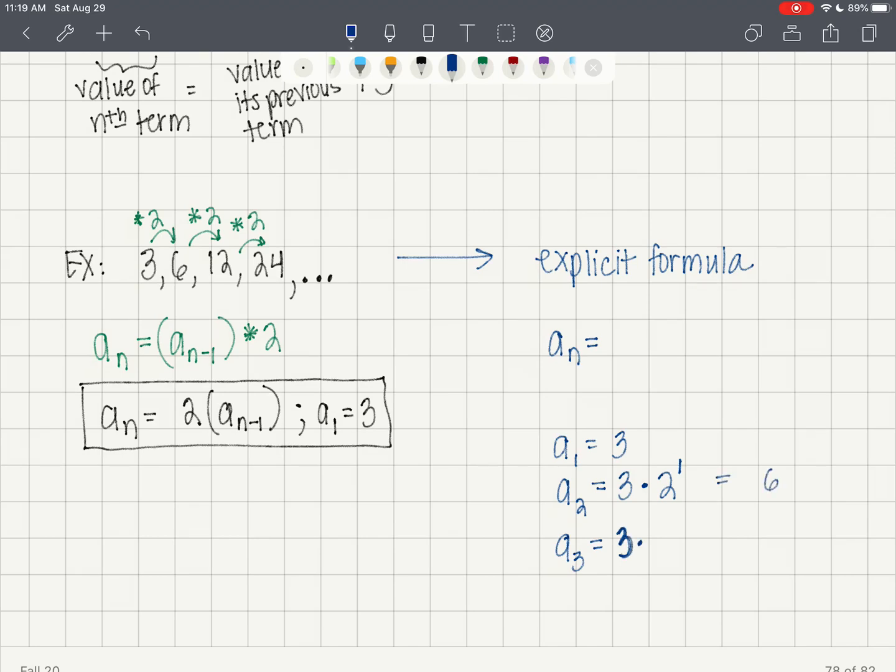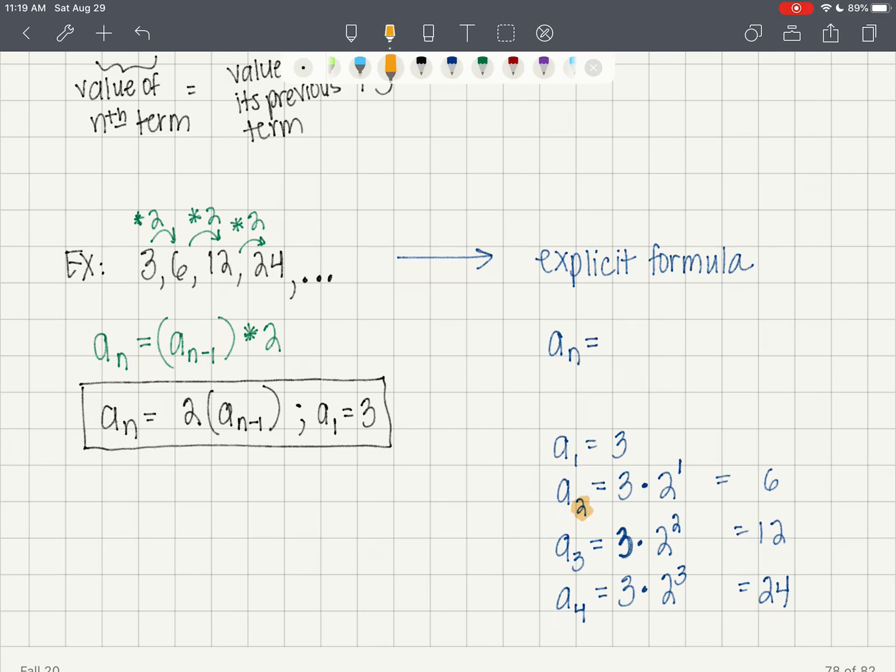Well, the third term is 12. How do I get to 12? Well, 3 times 4, so I multiplied by 2 twice. That's kind of cool. Okay, let's do the fourth term. I started with 3, and then what do I need to multiply by to get to 24? 3 times 8 is 24, and 8 is 2 cubed. So what's the relationship here?